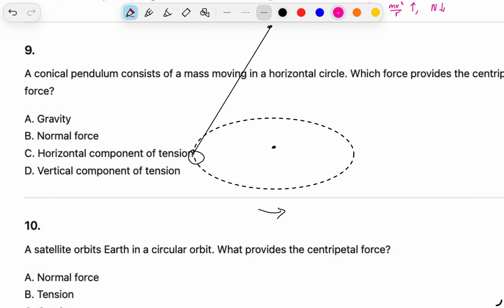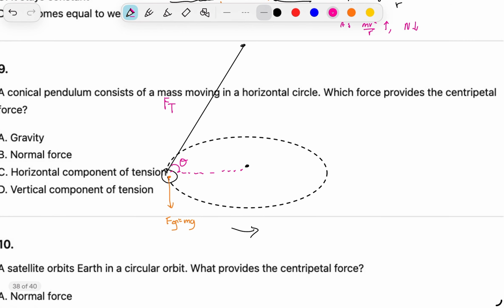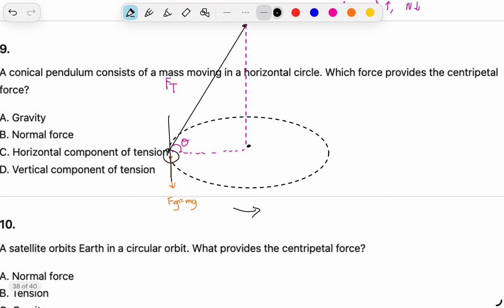So when you have this situation, you have your tension, but it's going to be at an angle. And you also have your object's force of gravity, which is equal to mg, acting downward. The weight is on the axis, so we don't have to break that into components.